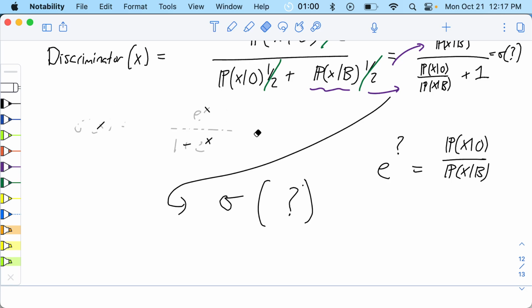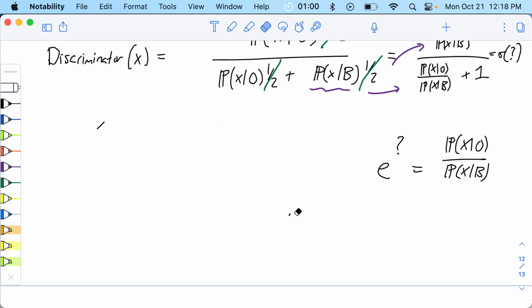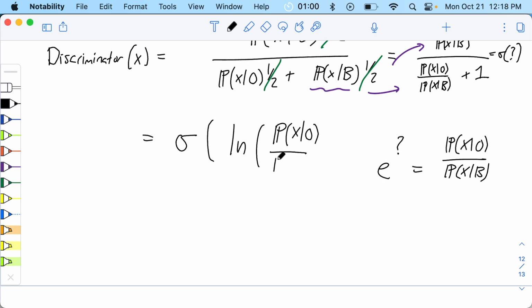Let's erase this. This equals the sigmoid of the log of the probability of x given O divided by the probability of x given B. Okay, there you go. So that's why it's a sigmoid. Anytime you do something with Bayesian, it's a sigmoid of the log, right? I haven't done anything. This is true always.